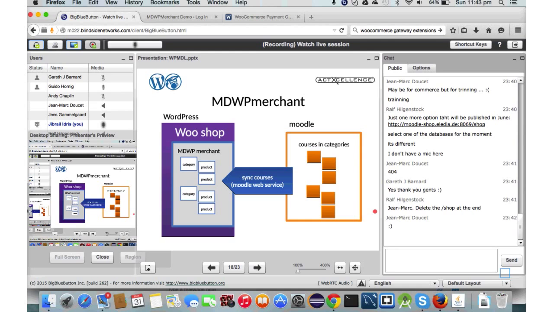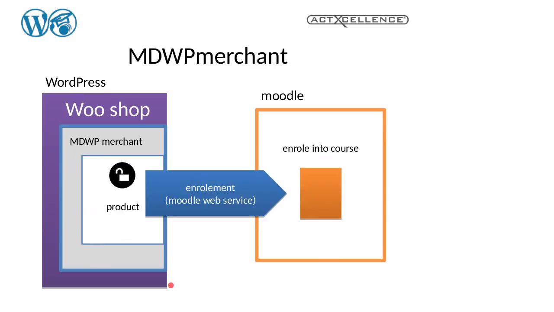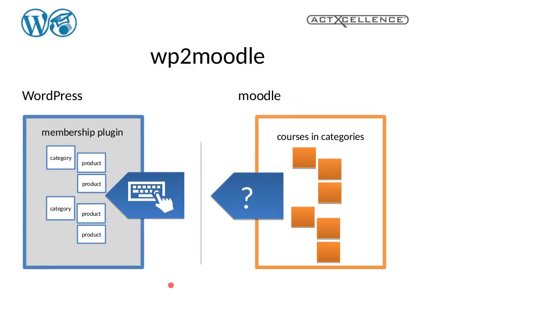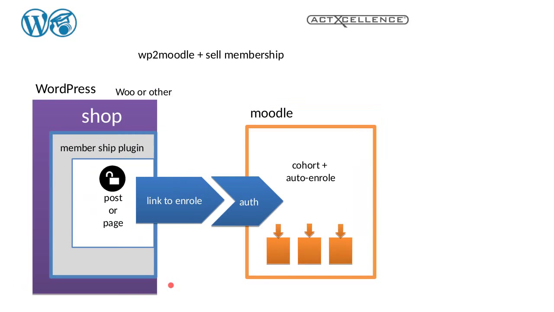You're very welcome. Thank you, Guido. And I take the presentation rights again. Okay. And maybe for the people who came late, I presented two solutions. One is the WordPress to Moodle plugin, which you can find on GitHub.